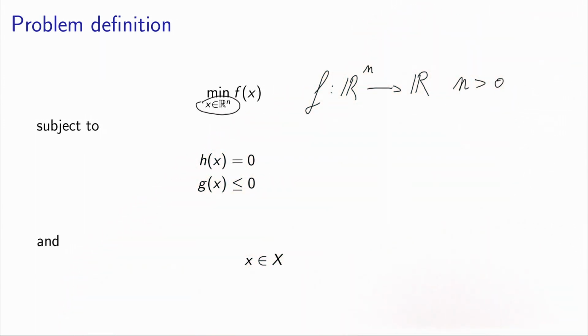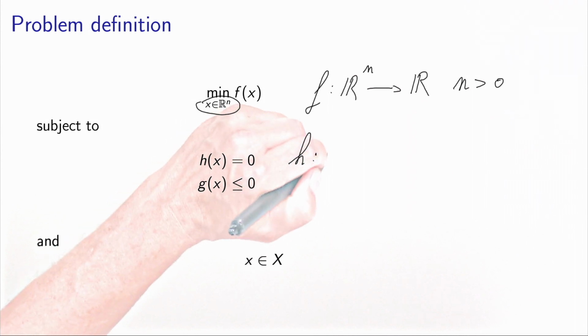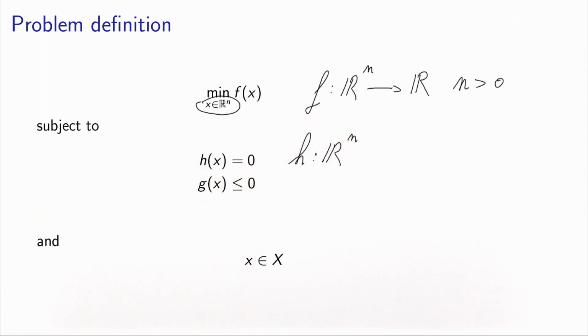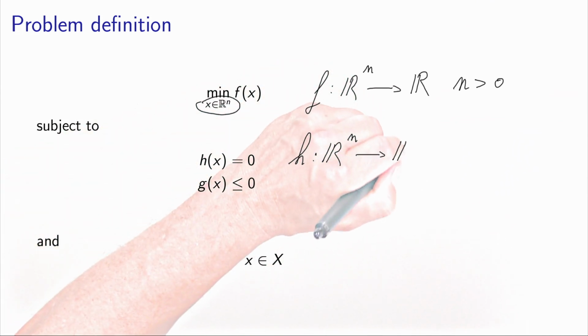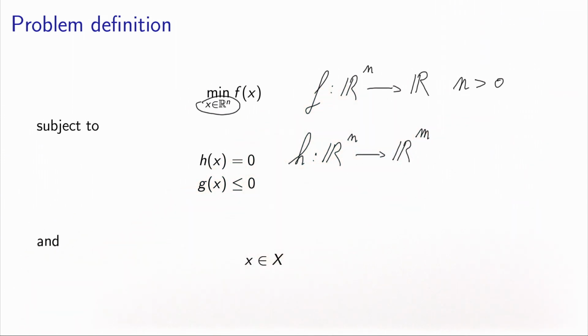Now we have seen in the various examples that the constraints of the problem can be represented by equations and inequations. So typically, the equation would be represented by a function h, such that h of x is equal to 0, and h here is a function of Rn, which is the set of decision variables, and it maps into Rm, where m is the number of equality constraints.